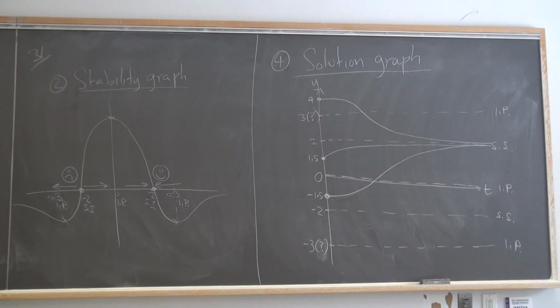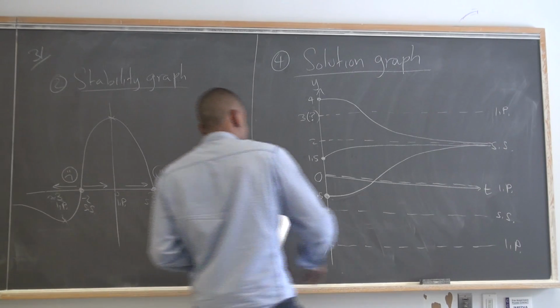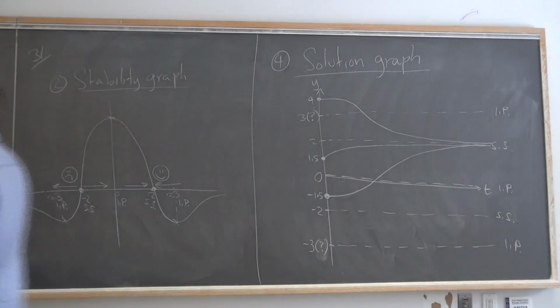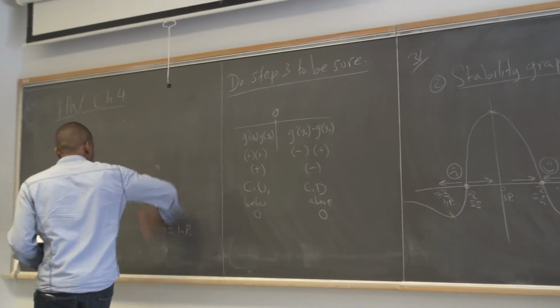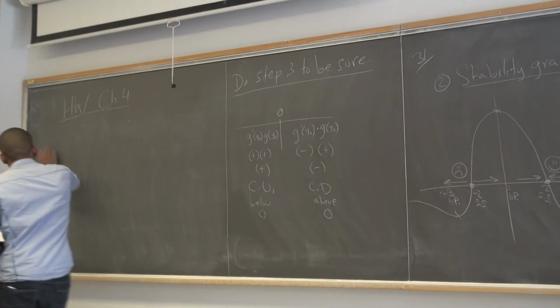29. So 29 says C exercises 10 and 23. So it's in figure 4.9. So they also gave you the graph for that. They don't want you to do this.